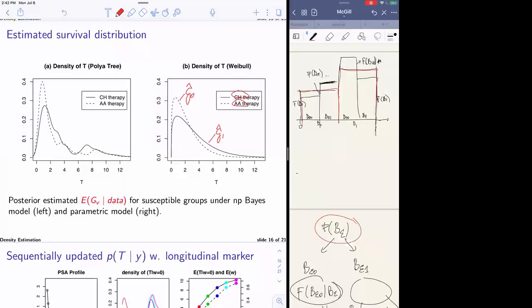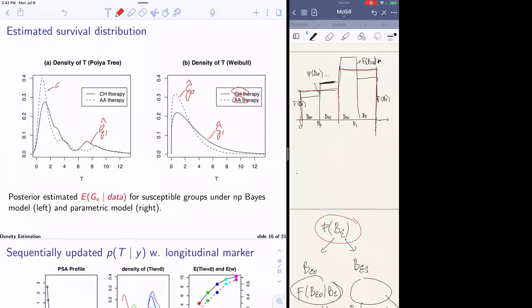And on the left side, you see similar things under a non-parametric prior. In this particular case, we actually used the Pólya tree prior. And you can see that, for example, there's this second bump here, this secondary mode, which seems to be for real because this comes from the posterior from the data.